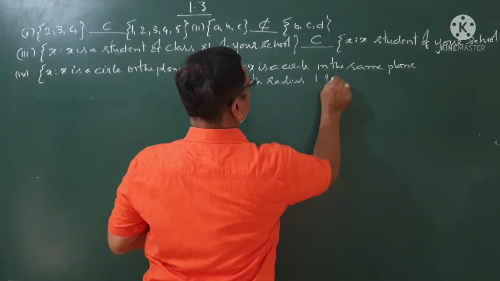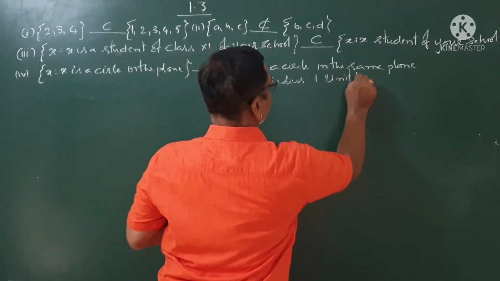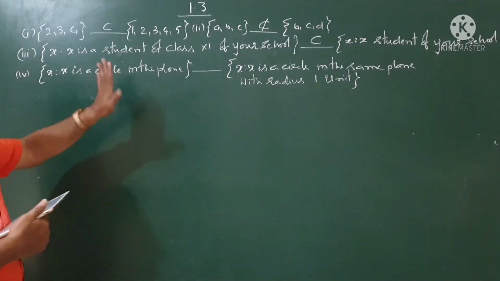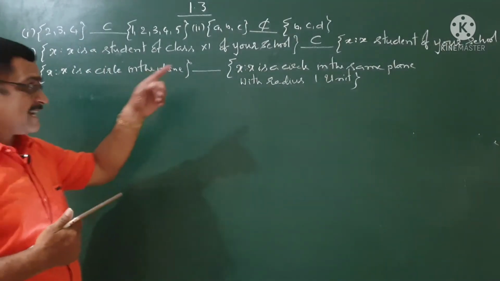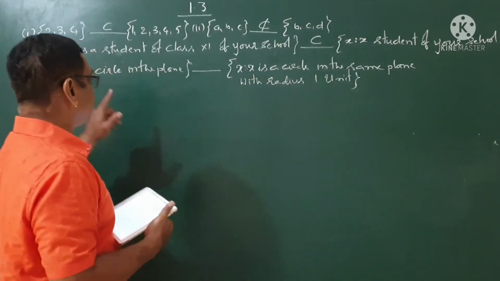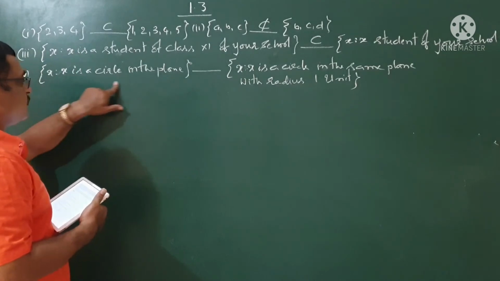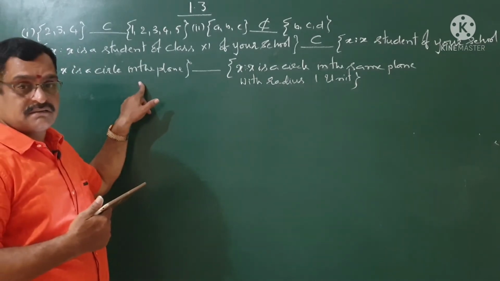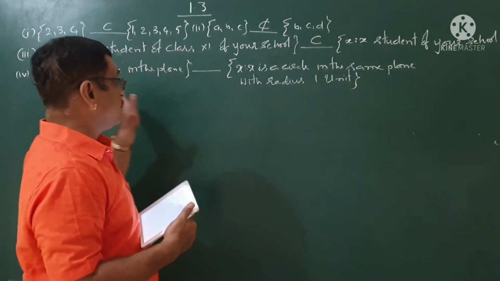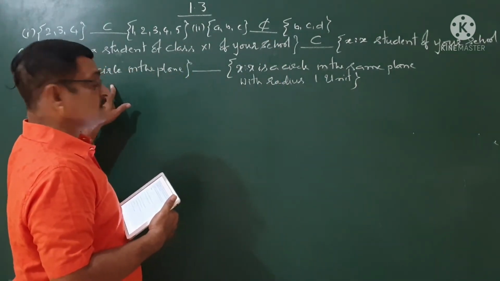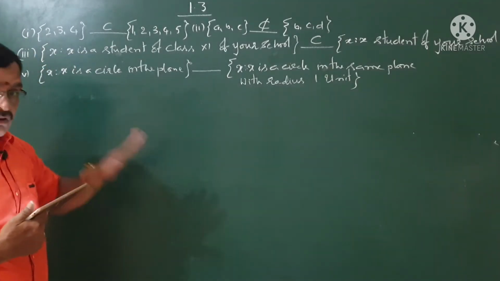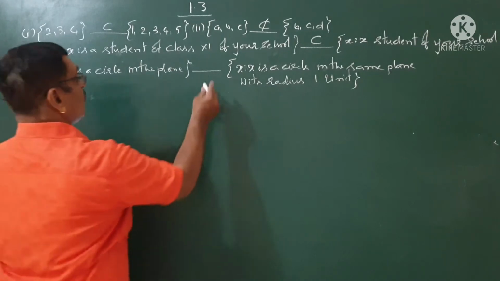Now, the first set is the set of all the circles in the plane. The second set is also circles of the same plane. The problem here is that the radius of the circle is not mentioned in the first set, whereas here the radius of the circle is specifically 1 unit. So the radius of the circles of the first set is not defined, therefore it cannot be a subset.